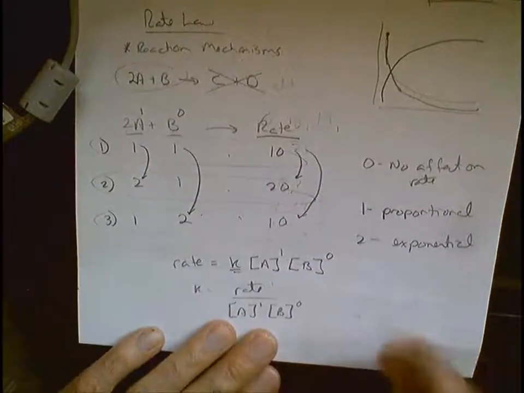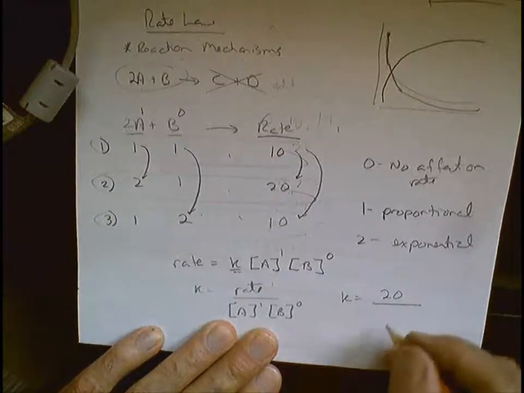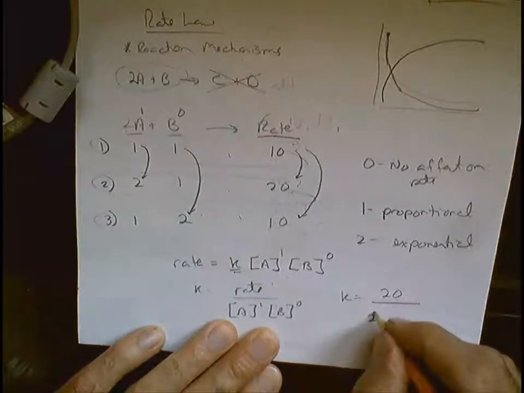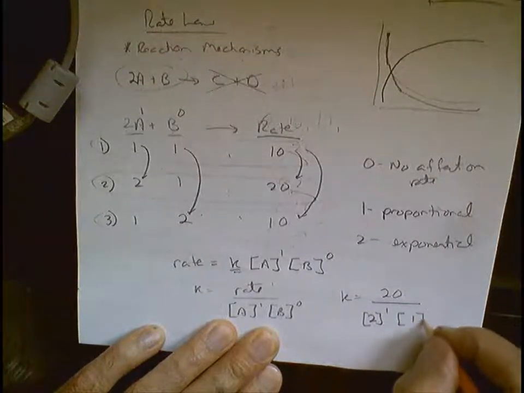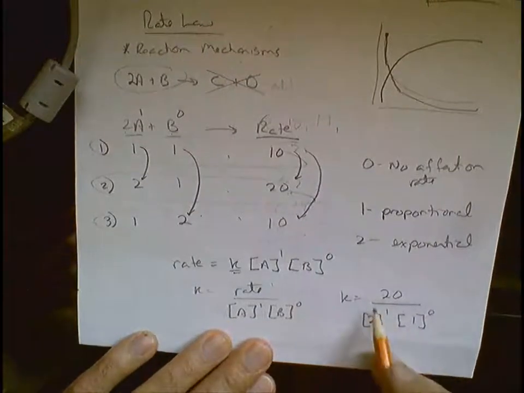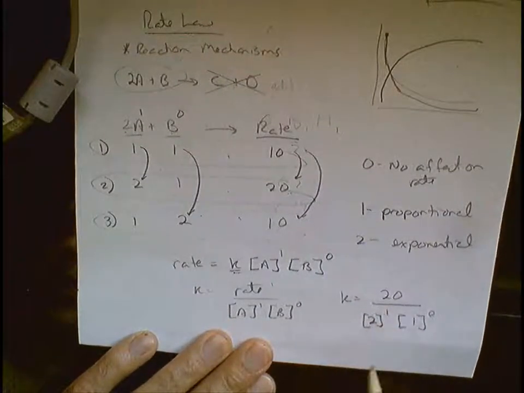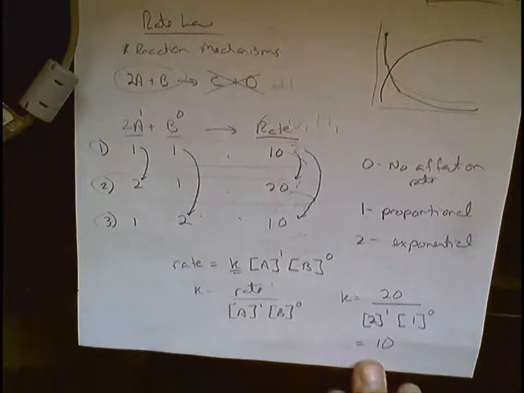We'll get the same answer, because it's a constant. Let's use the second line. Any number to the 0 is 1. Any number to the 1 is itself, it's 2. 20 divided by 2 is 10. Our rate constant is 10.